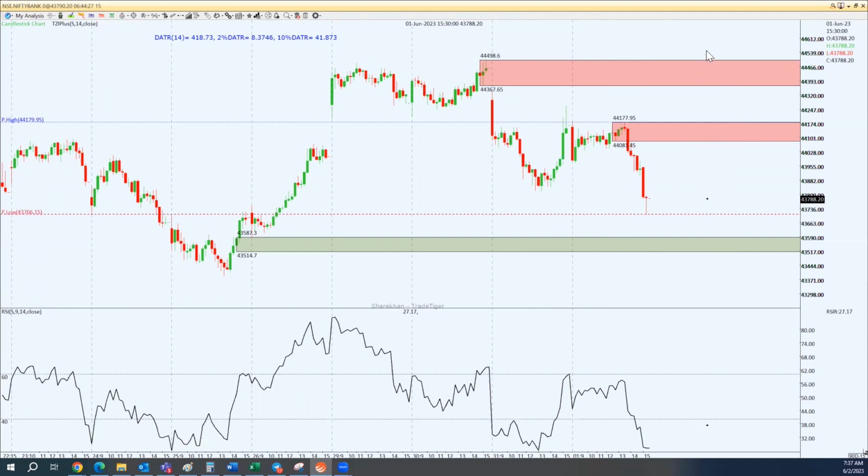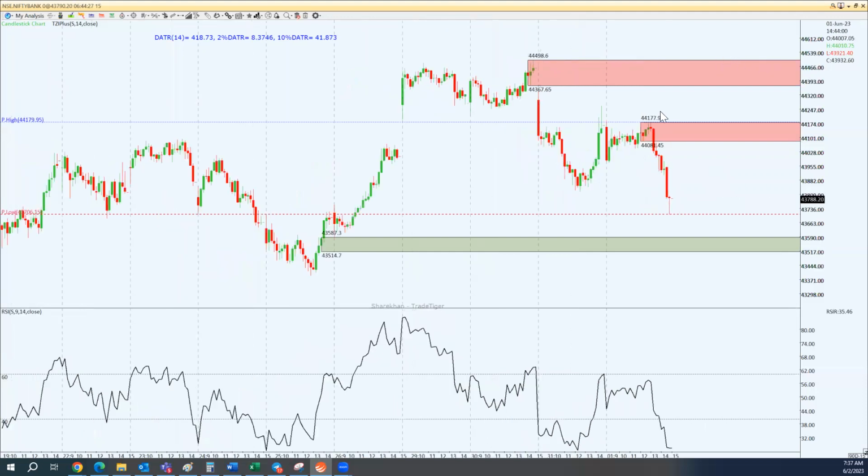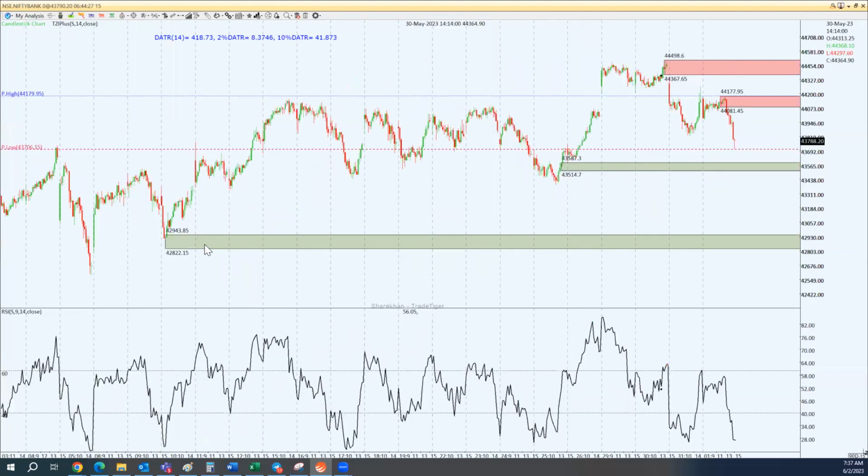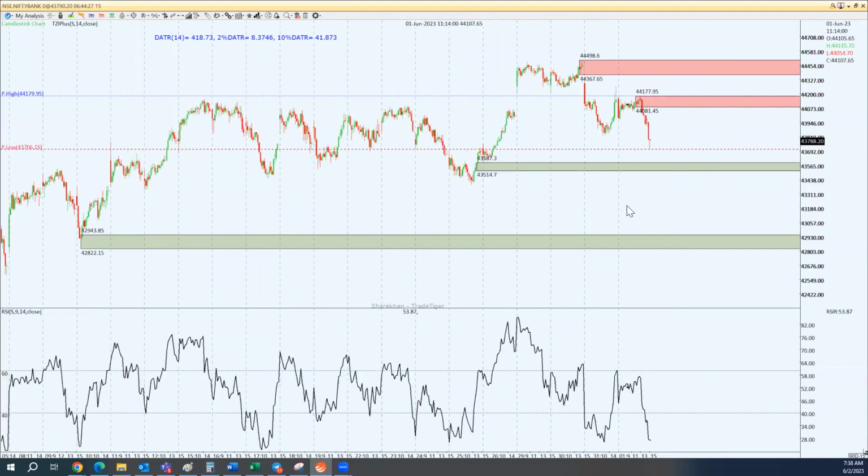And definitely if you see the market going to all-time high one more time above 44,500, we can definitely look to go long over there. And if you want one more demand level below, that level is very far away, almost at 43,000, close to 42,940. That is where we have another demand area.